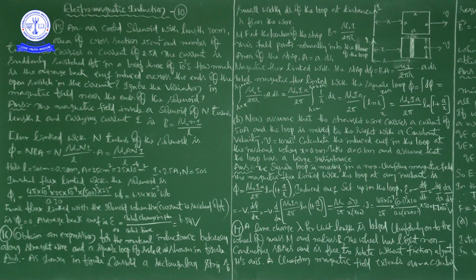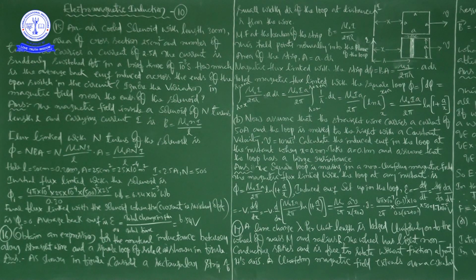Next, problem number 17. A line charge lambda per unit length is lodged uniformly onto the wheel of mass capital M and radius capital R. The wheel has light non-conducting spokes and is free to rotate without friction about its axis, right?